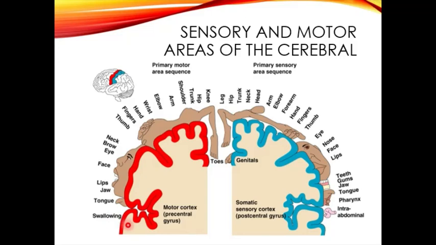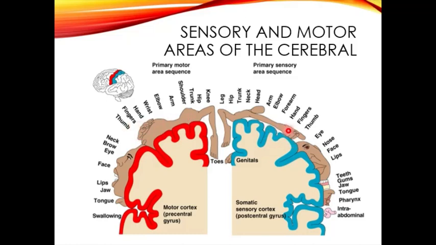We have here the swallowing, no? In the motor, the lips, the jaw, the face, no? Ayan, thumb, fingers, hand, wrist, elbow, arm, shoulder, trunk, hips. Ayan, makita natin dito, toes, genitals, the trunk, the neck, head, arm, elbow, forearm. Ayan, kaya ganito yung laki ng homunculus kanina yung itsura niya.